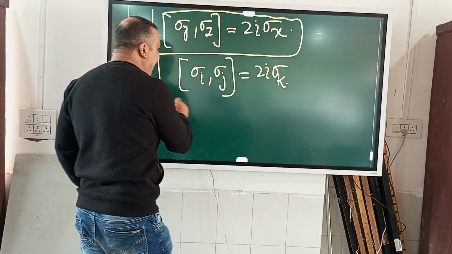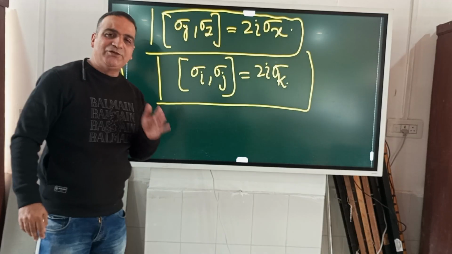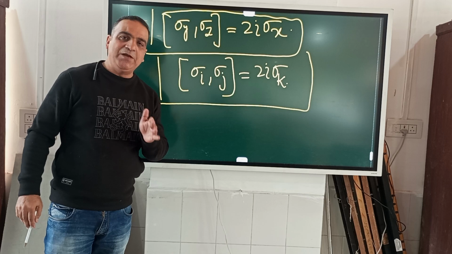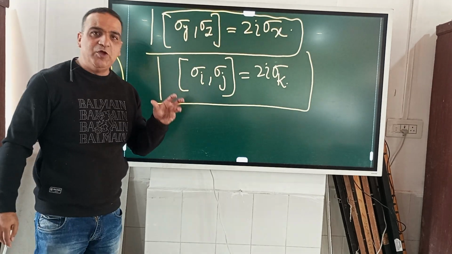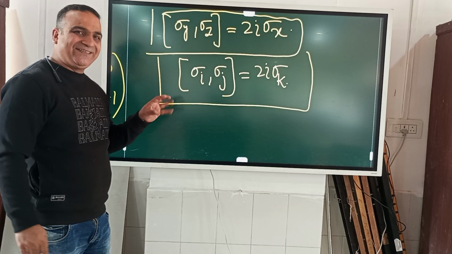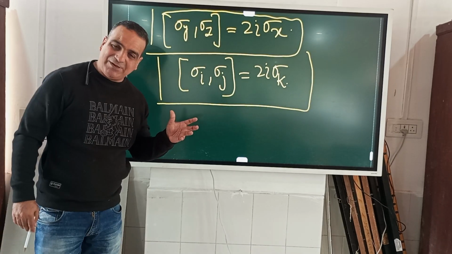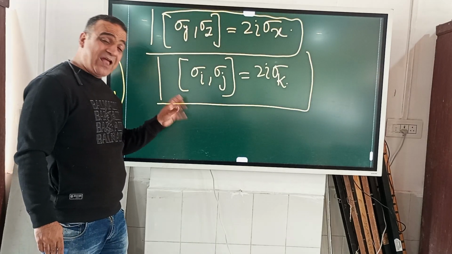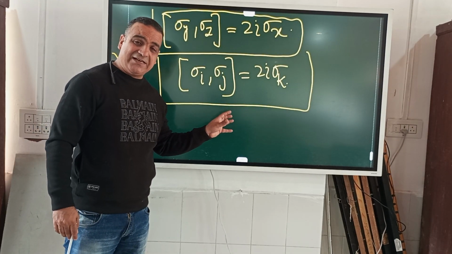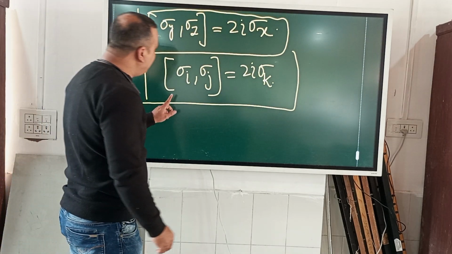What we see here is that the components of the Pauli spin matrices do not commute. So you don't have exact certainty if you measure sigma i and sigma j simultaneously, because it's taking us somewhere close to the uncertainty principle. So this is the commutation.